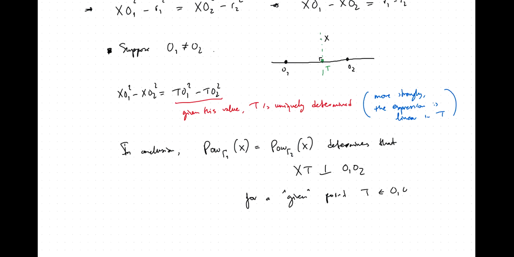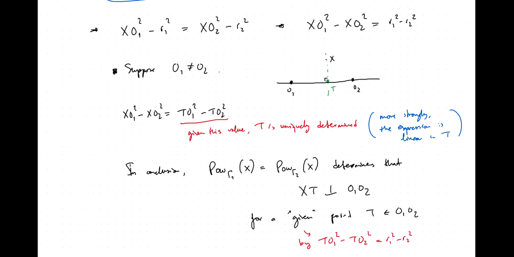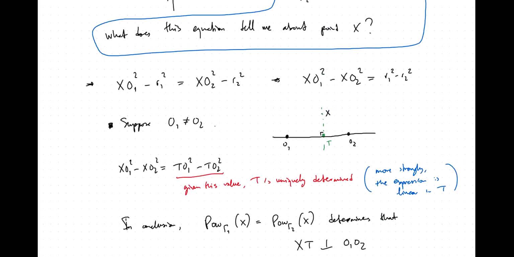How is this given? Given by this relation. When you write this equality, point t is given, so it just determines xt is perpendicular to this. So the set of points that it defines is really this line. It is a line.